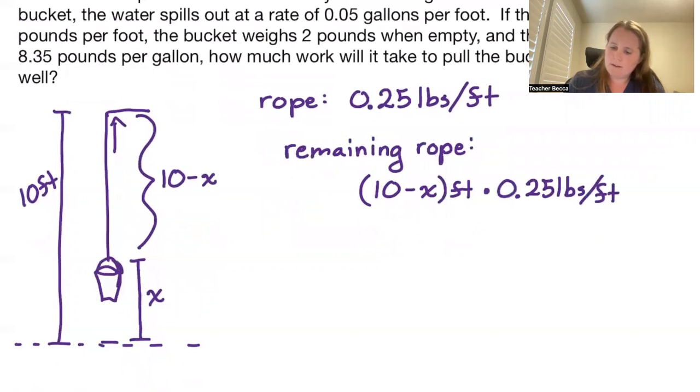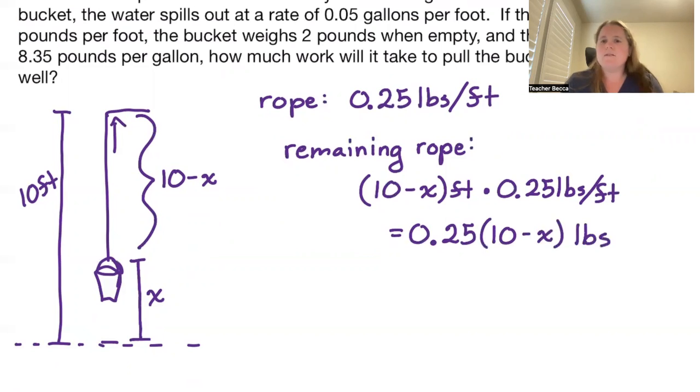Or in other words, 0.25 times 10 minus x pounds. So this is the weight of the remaining rope. This is the force due to gravity acting on that remaining rope.